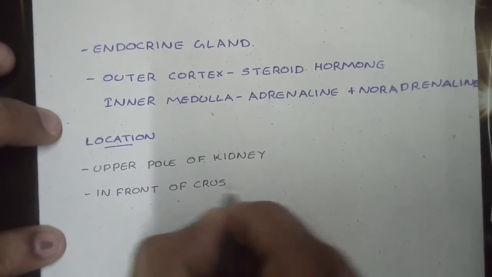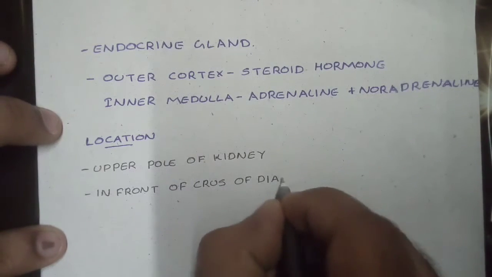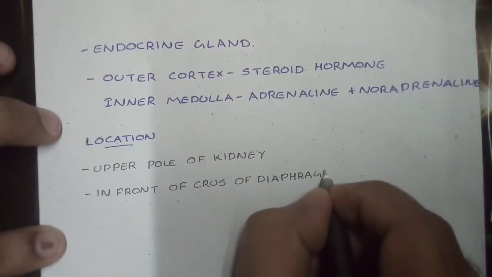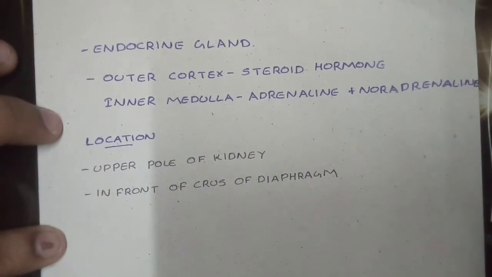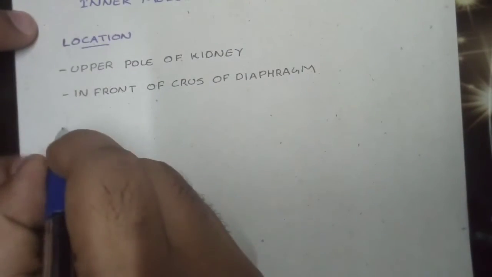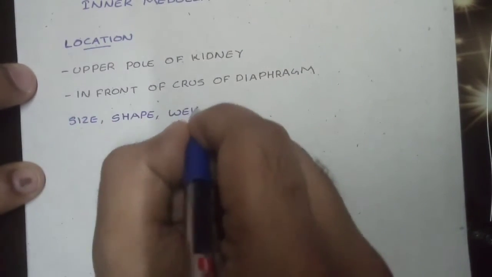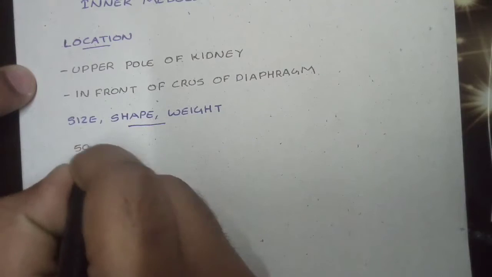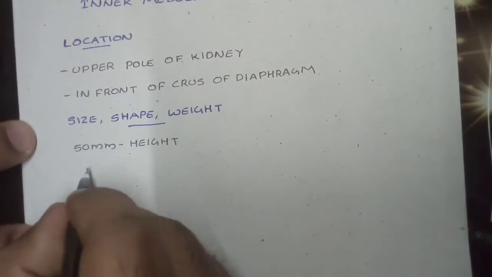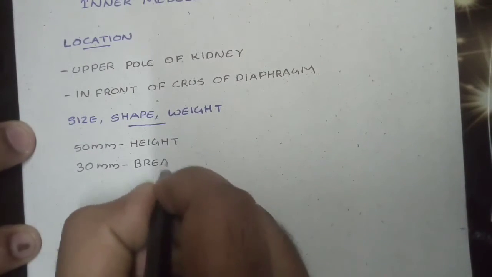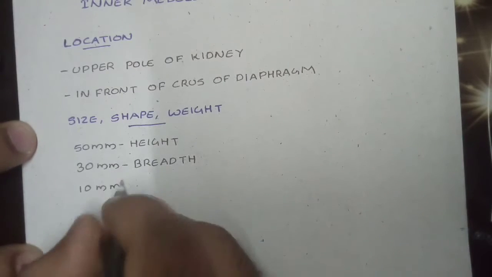Now we will discuss its size, shape and weight. Each gland measures about 50 millimeters in height, 30 millimeters in breadth and 10 millimeters in thickness.